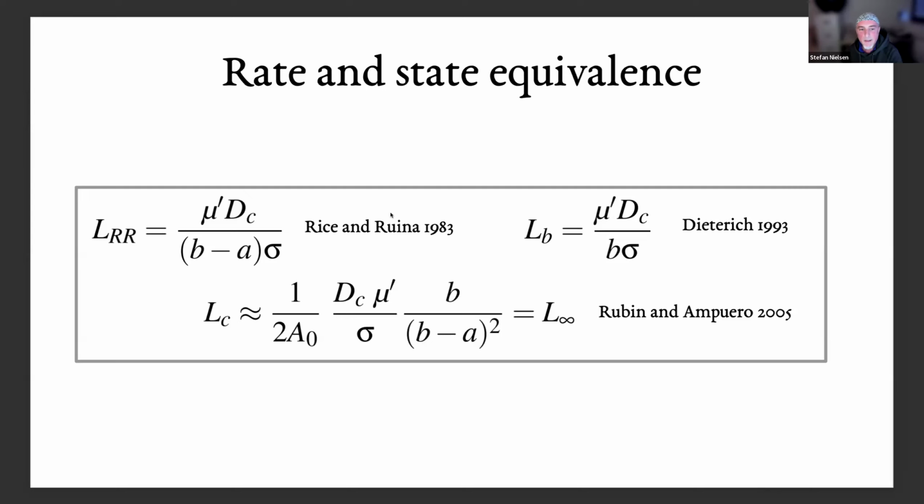In terms of rate and state, I wrote here 3 different critical lengths. The first one is the classic one that you may be used to seeing. The second one is L_b, and the third one, most importantly, is L_infinity, which was defined, I believe, by Rubin and Ampuero, and applies when the rupture is advancing, because there's a very sudden change in the state variable, so you're very far off steady state. In that case, the critical length is equal to this, which is a little more complicated.